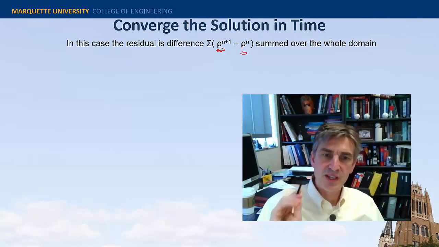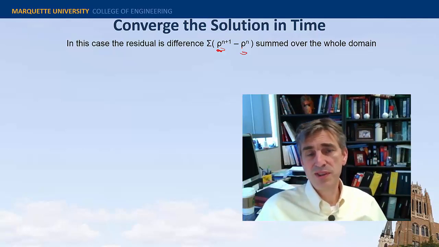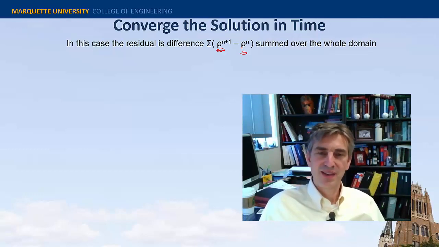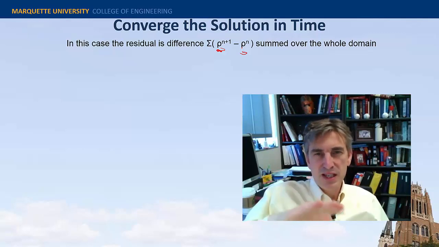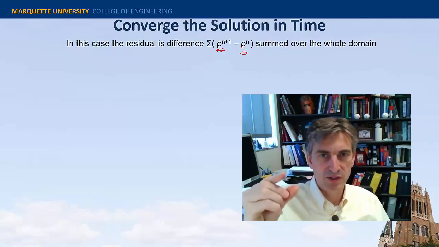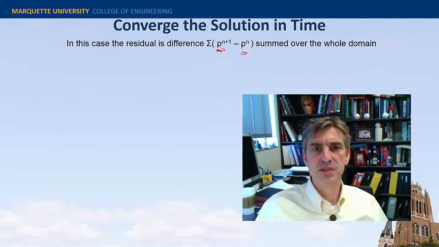And I'll take that difference at every node and then sum that up over the whole domain. So you would think that would go to 0 in the steady state, but it never does. It's because it'll flip back and forth between the solutions. It'll reach a converged solution where it's changing the density back and forth across the time step.